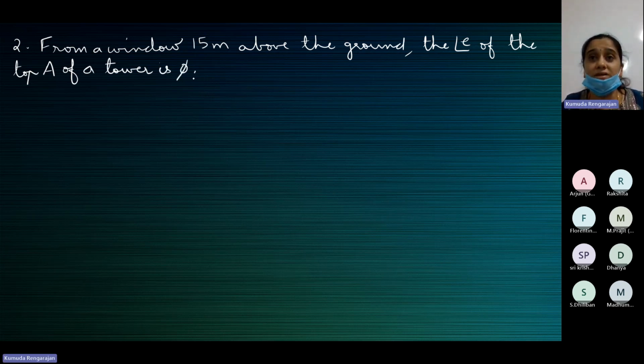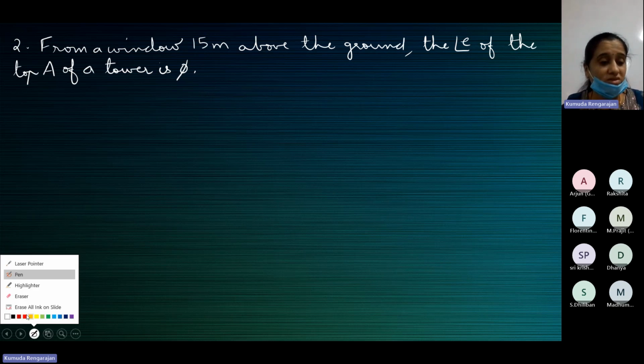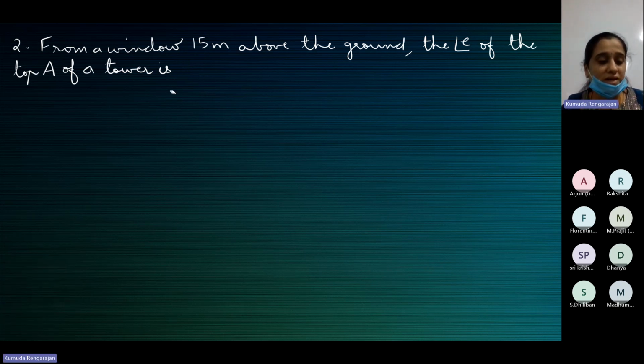Greek letter phi. From a window 15 meters above the ground, the angle of elevation of the top A of a tower is theta. Sorry, now it's theta. I'm sorry, phi comes later.